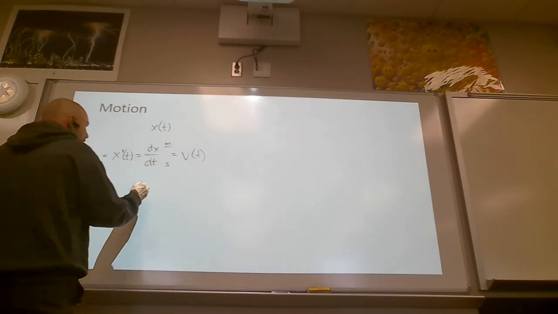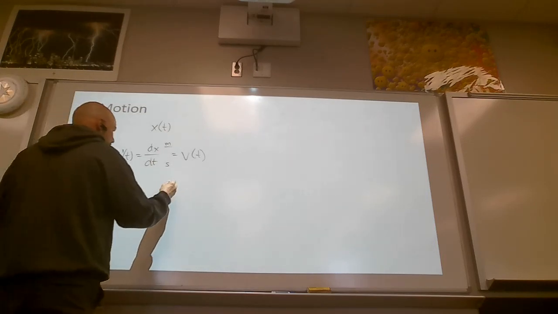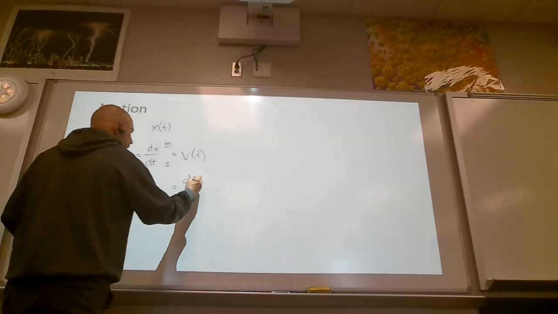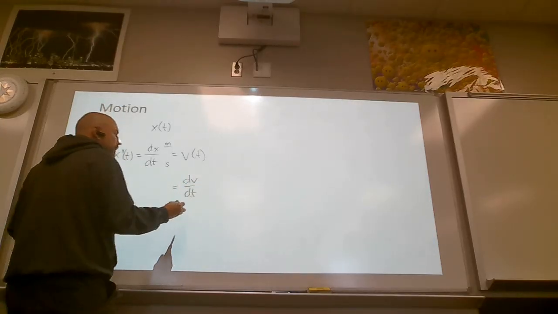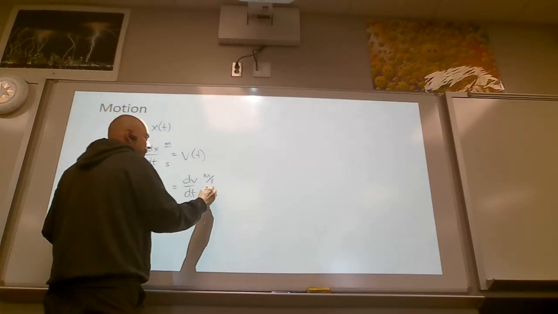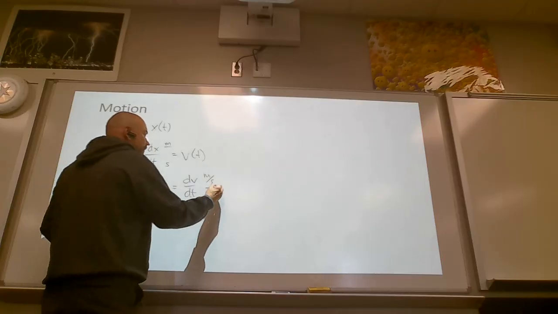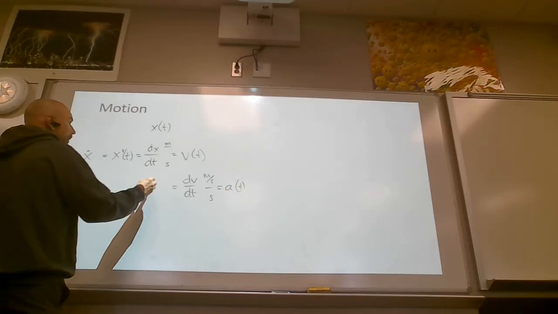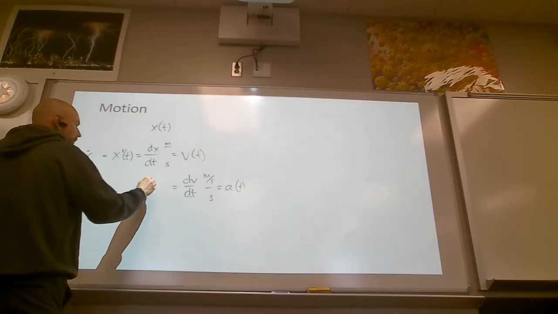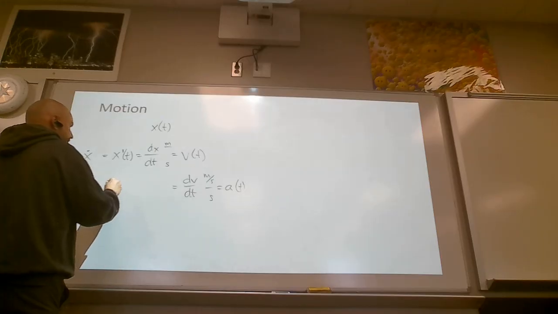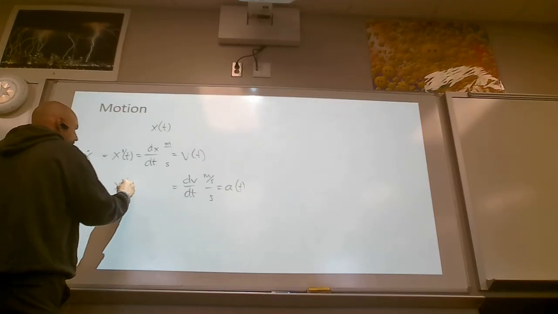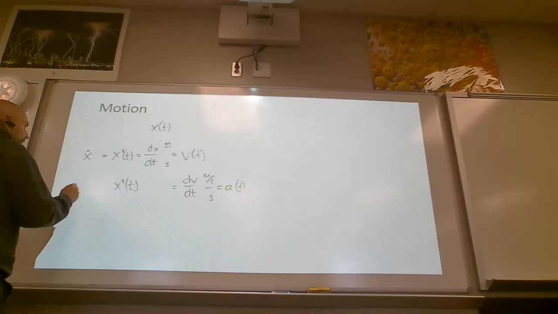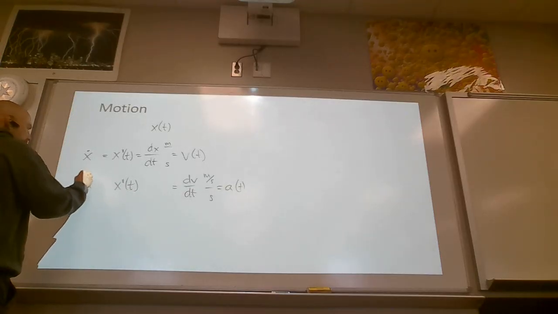The second derivative, so dv dt, is going to be meters per second over seconds. That gives you acceleration as a function of time. And so you get x double prime, or you get x double dot.